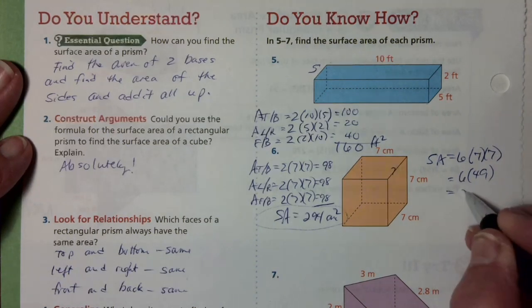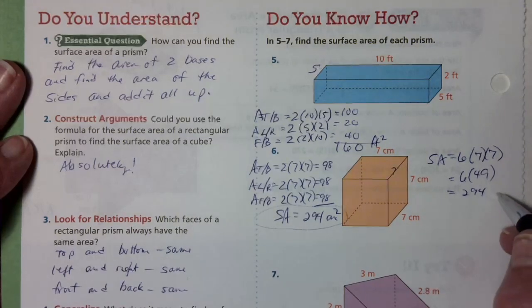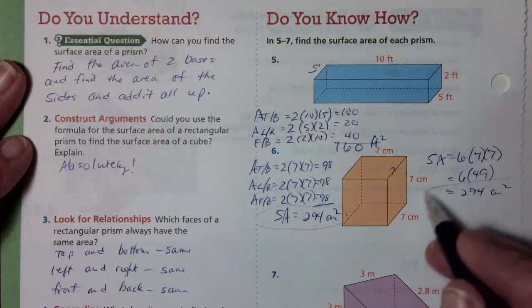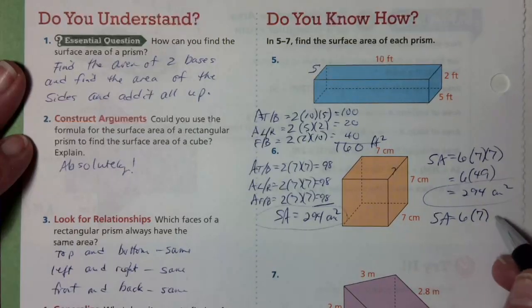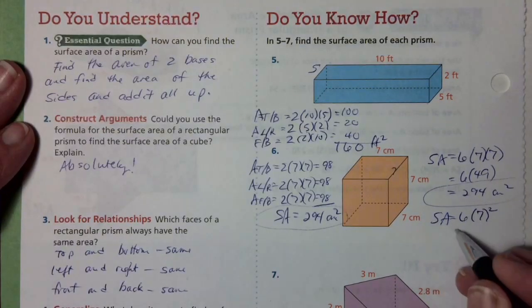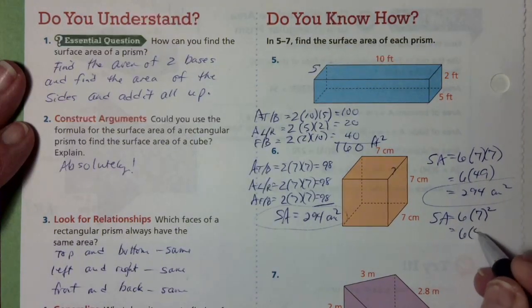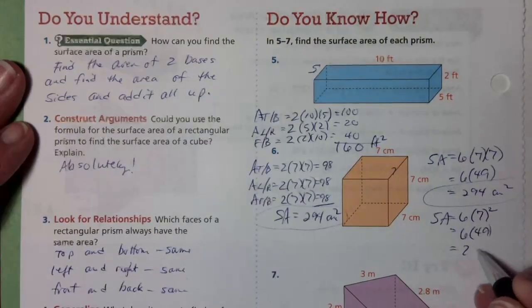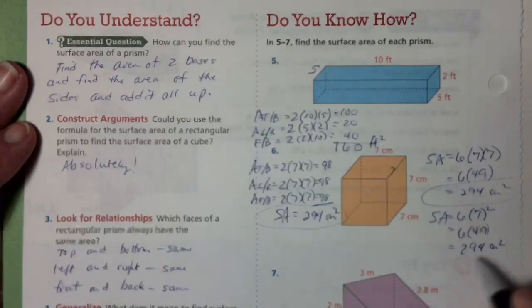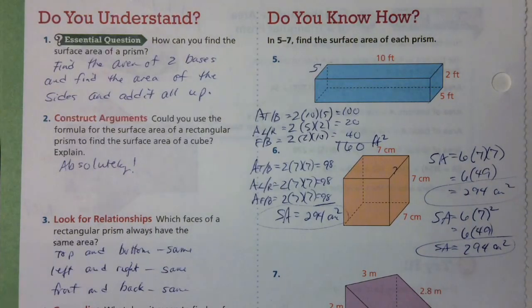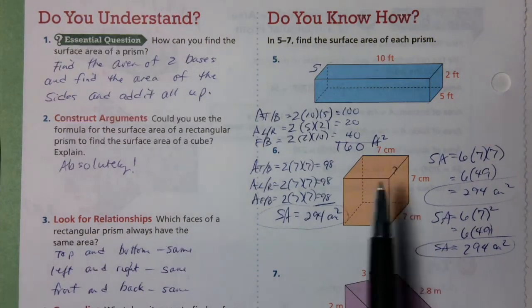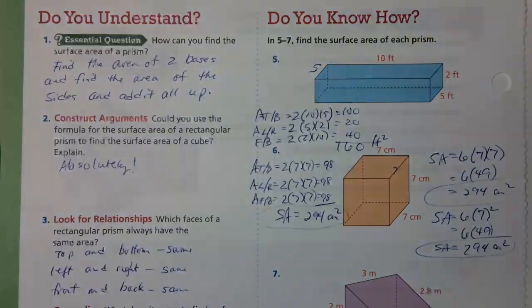Again, it's 294 centimeters squared. Same answer we got before. Or I could have even said it is 6 times 7 squared, and 7 squared is 49. So that's 6 times 49, so again, it's 294 centimeters squared. Surface area. Okay? So you could have done this one like this, or this, or this.